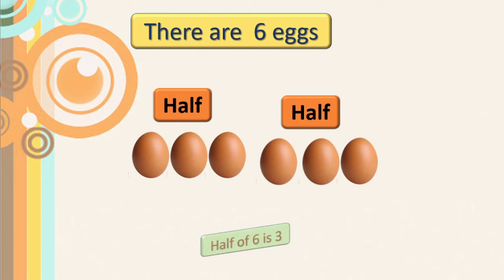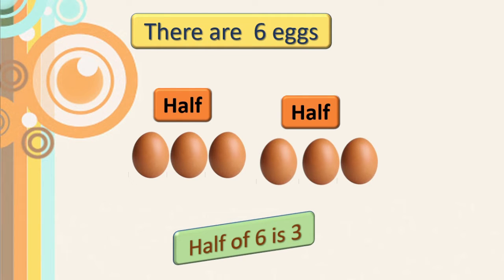Correct? Because the half of 6 is 3. Right? If you have 6 chocolates, then when your mother says give half of your chocolates to your sister, then how much do you have to give? 3. You will give 3, isn't it? Yes, so here half of 6 is 3.